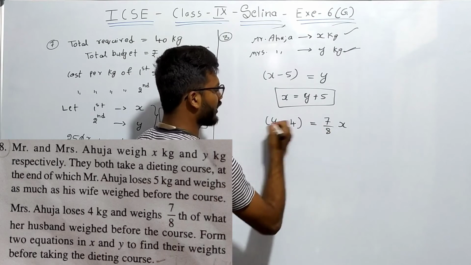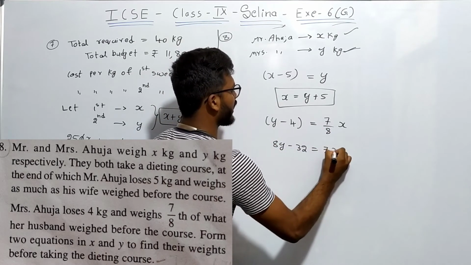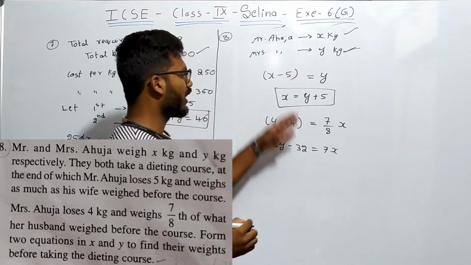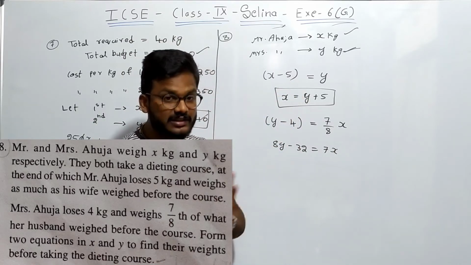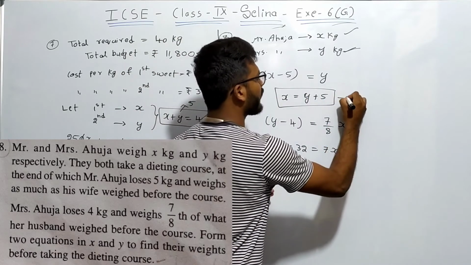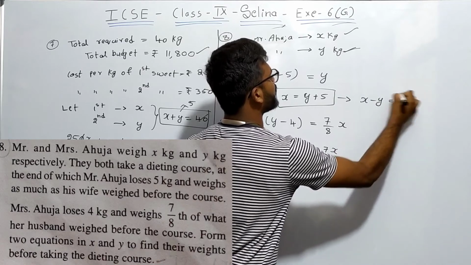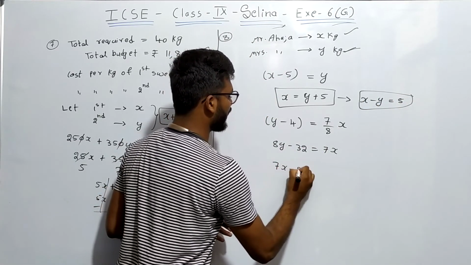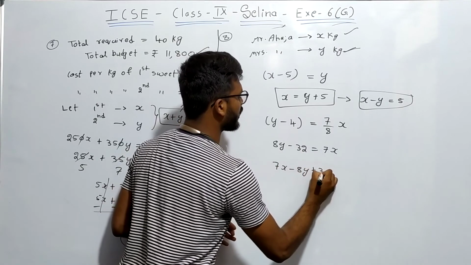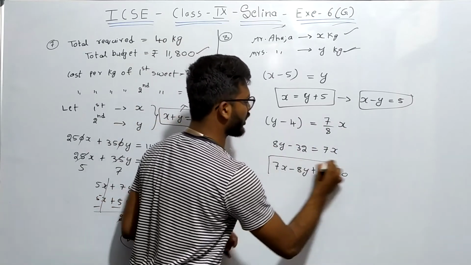So what will you get? 8y minus 32 is equal to 7x. So x you know already. Here they are asking to form two equations in x and y. Already we got the first equation, x minus y equal to 5. This is the first equation, and from here 7x minus 8y plus 32 equal to 0. Everything I send to that side. Okay, these are the two equations.